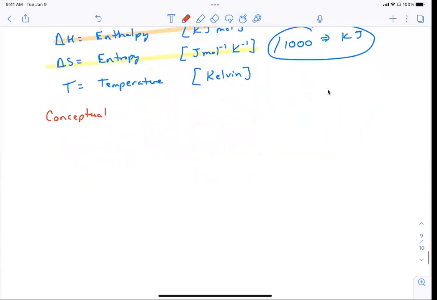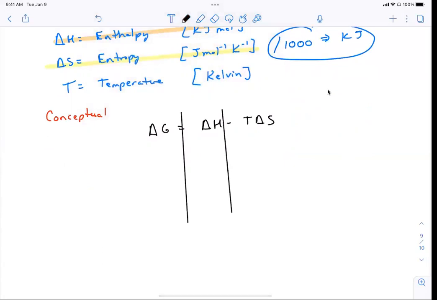Okay. So what we're going to do is this. We're going to create a table, not a big one. Delta H minus T delta S. No, you don't need a lot of space for this. 4 lines is probably sufficient.